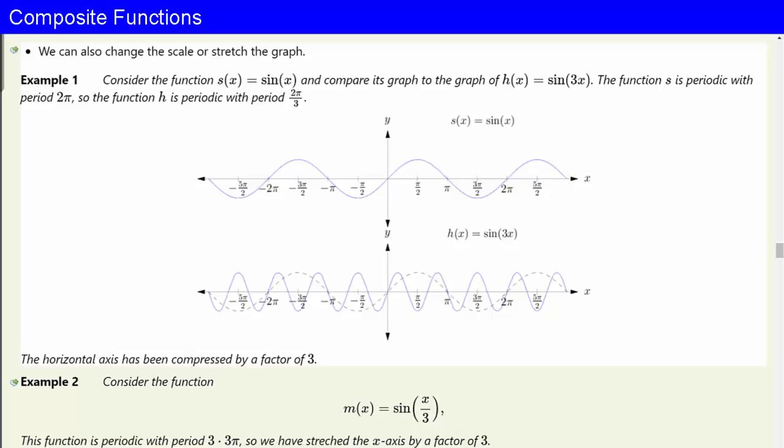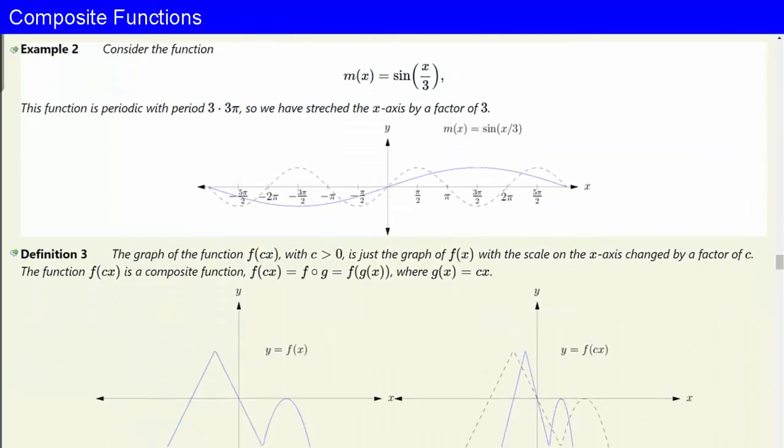So, the horizontal axis has been compressed by a factor of 3. If we consider the function m of x equals sine of x over 3, then this function is periodic with period 3 times 2 pi, so we have stretched the x-axis by a factor of 3.